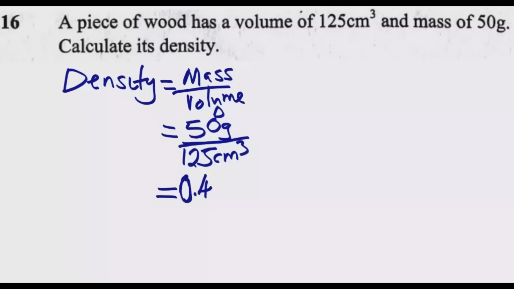Then how do we write the signs? We start with the sign which is on top, which is grams per centimeter cubic, and that is the answer. So the density of the wood is 0.4 grams per centimeter cubic.